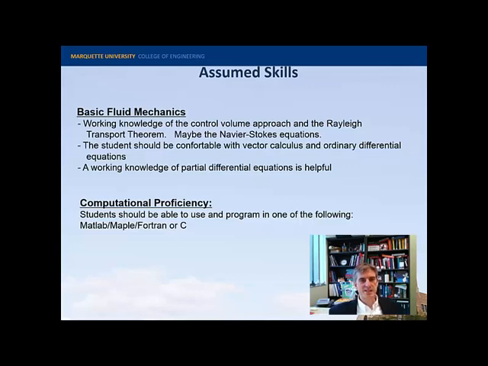And then ultimately some proficiency with computers. I think that most students are pretty efficient with MATLAB, and so that's a good starting point, but hopefully I can encourage you to learn a programming language such as C or Fortran, a compilable language that is much faster.